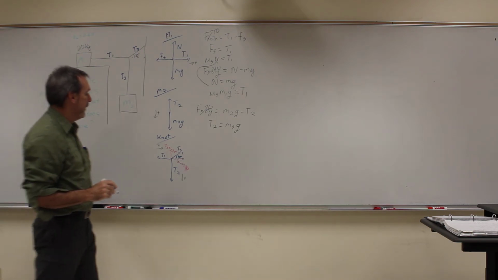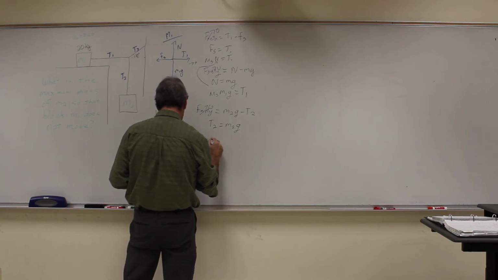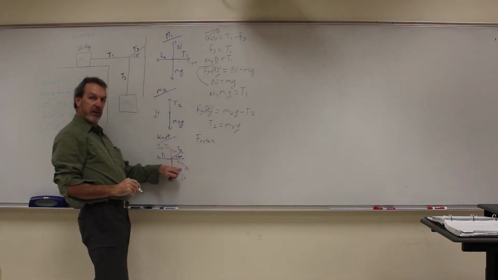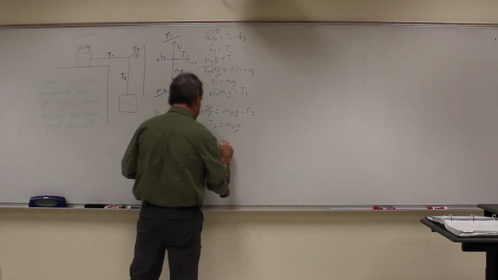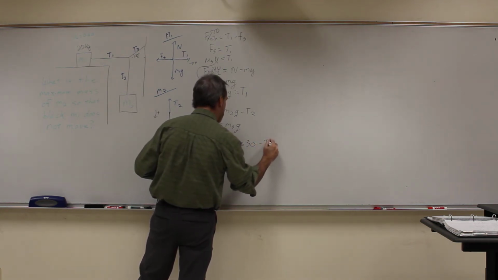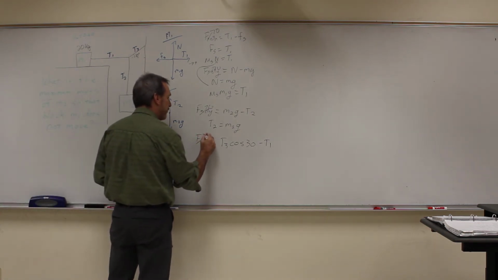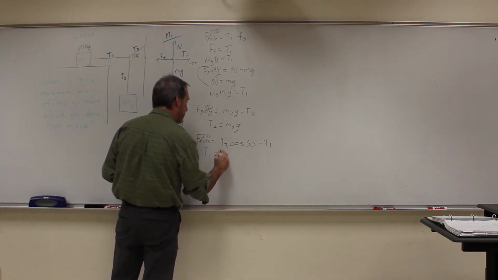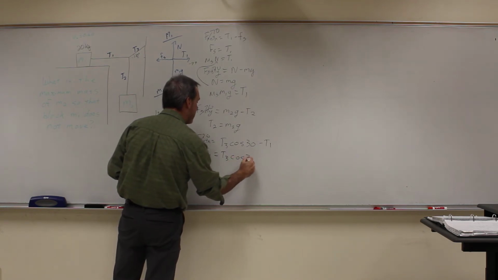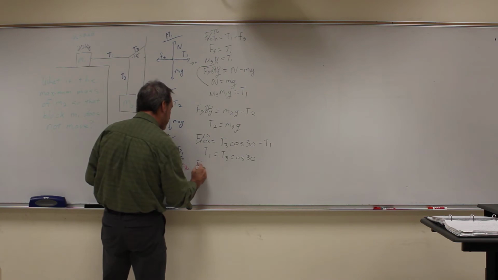Okay. Then for the knot, we have F net X is equal to T3 cosine 30. That's positive. Minus T1. And I can set that equal to 0 as well. So T1 is equal to T3 cosine 30. But then I have to do F net Y down here.